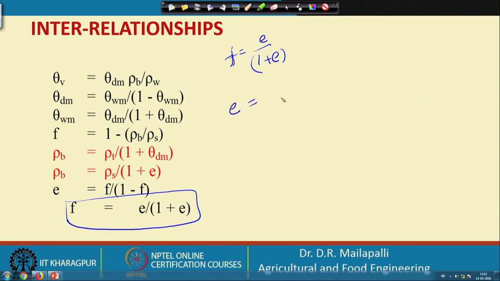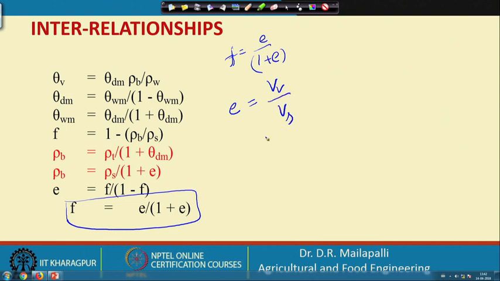You can also find another relationship: F is equal to E by 1 plus E, where E is the void ratio and F is the porosity. The void ratio E is equal to the volume of voids divided by the volume of solids.